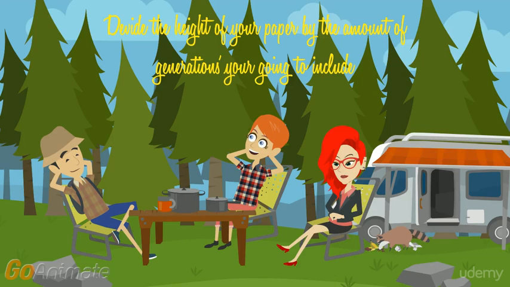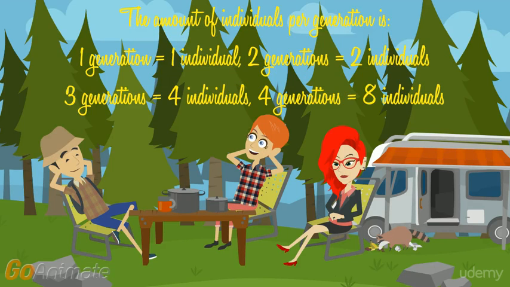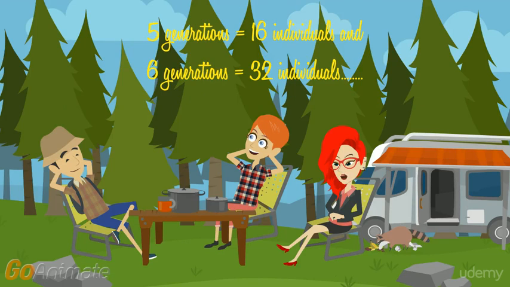Then go ahead and divide the paper width by the amount of individuals in your final generation. I've included this guide for you. The amount of individuals per generation is as follows. 1 generation equals 1 individual, 2 generations, 2 individuals, 3 generations equals 4 individuals, and 4 generations equals 8 individuals. 5 generations equals 16 individuals, and 6 generations equals 32.